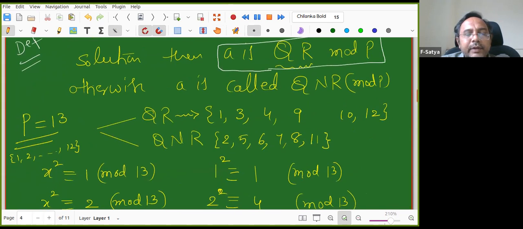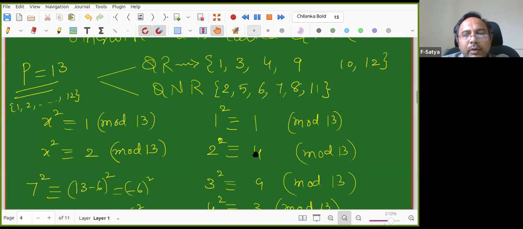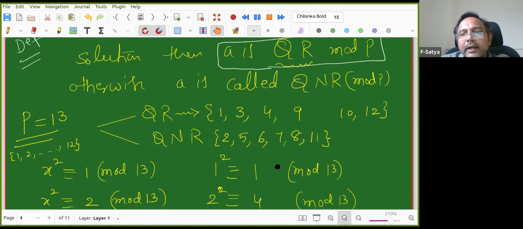So examples we saw. If you take P equal to 13, then x square equal to 1 mod 13 has a solution because 1 square is congruent to 1. 2 square is congruent to 4, so x square equal to 4 has a solution. Similarly, 9 satisfies, and 10 and 12 also.